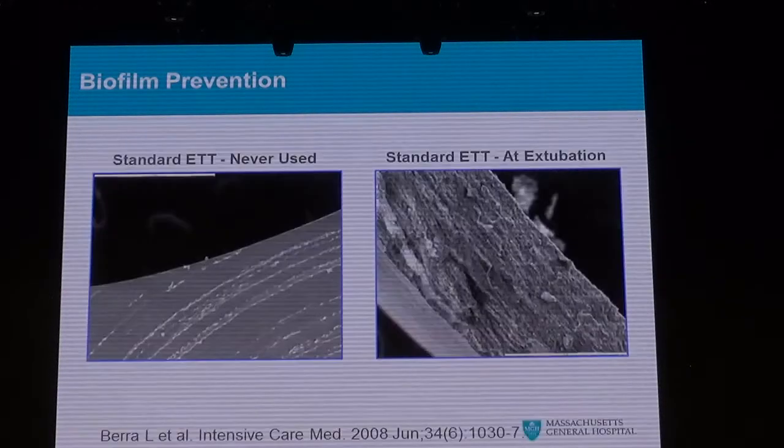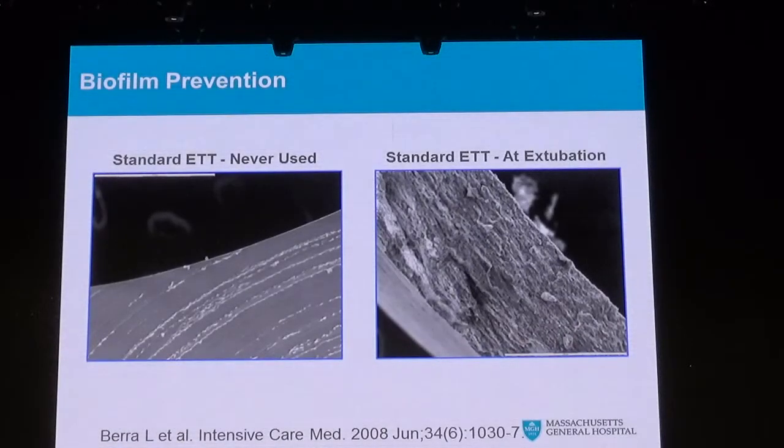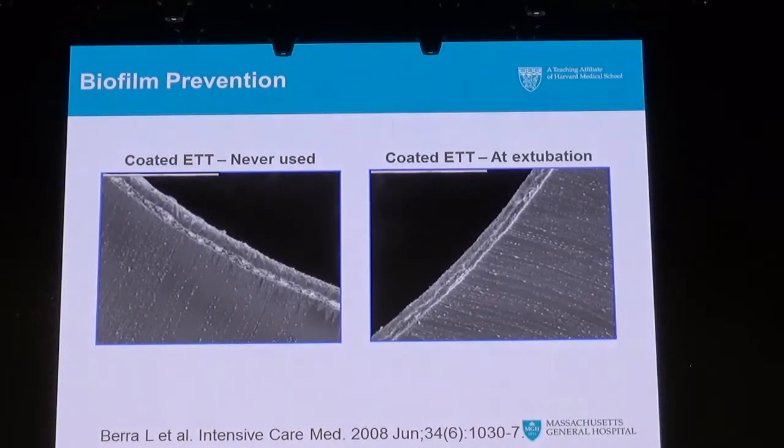When the study was repeated, you can see the lumen of the endotracheal tube: on the left it's a new endotracheal tube in cross-section. On the right side there is instead a very thick mucus deposition on the endotracheal tube. This is instead the very thin silver sulfadiazine coating on the internal lumen before use and after use.